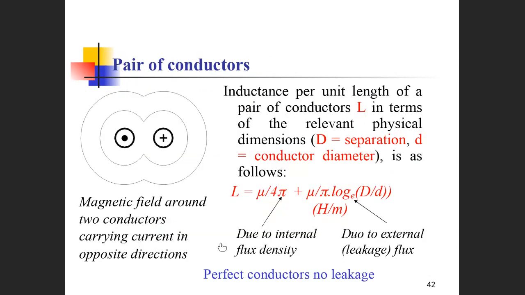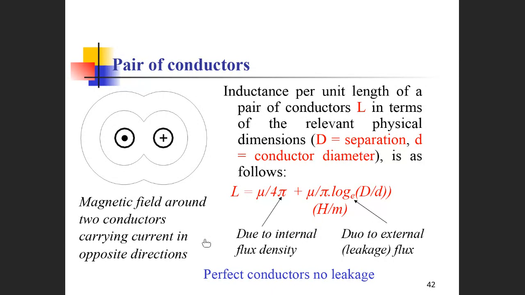Okay, so this is one example of a pair of conductors in practice. As you know, in the electric circuit we always use cables with 2 cores, or with 3 cores, or with 4 cores, even 5 cores.